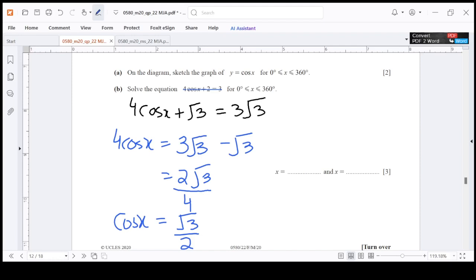Cos of what gives us root 3 upon 2? That is 30 degrees. So one of the answers for x is 30 degrees. It's a good idea to watch a video on how to remember exact trigonometric values. That will help you remember these values.